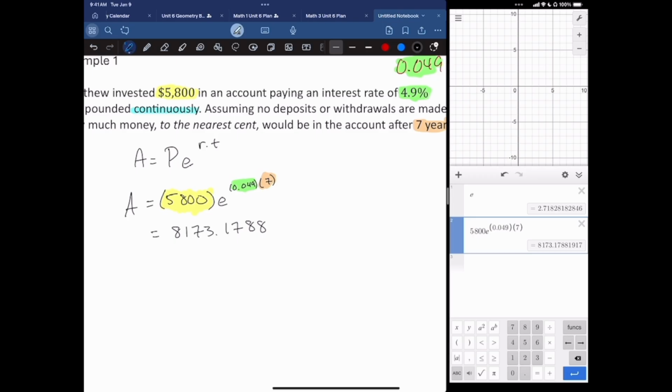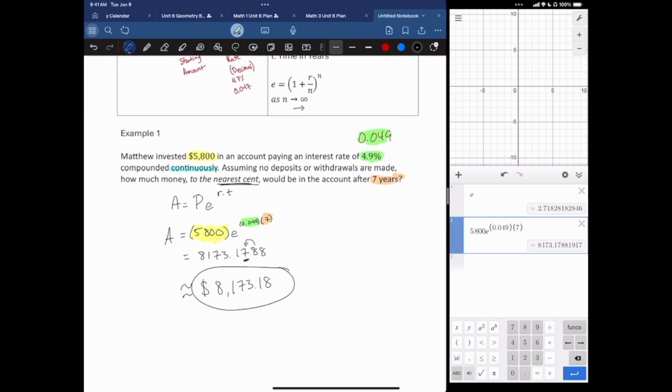It's asking us to round to the nearest cent, so I'm going 2 decimal places. This 8 is going to tell me if I round up or leave it alone. So my final answer is going to be approximately $8,173.18.